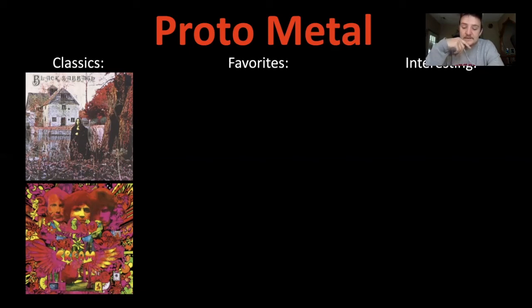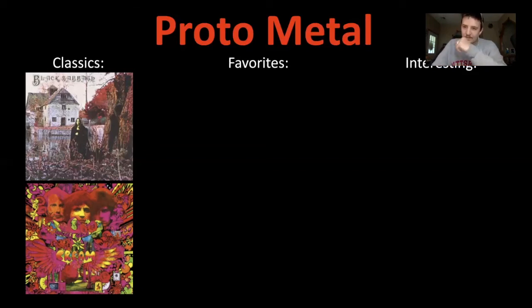These guys did the psychedelic thing, and it's really loud with prominent guitars, and these things pushed it into more dangerous waters where it's starting to become something else, and there's a lot of parts of it that really do sound like what is to come in metal. So it's definitely a classic. You definitely have to know it as you're exploring proto metal. So those are the two classics I'm recommending for this particular subgenre.